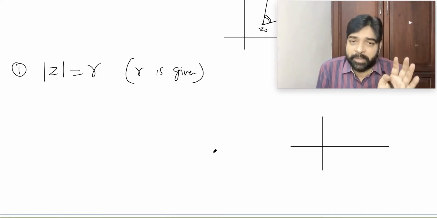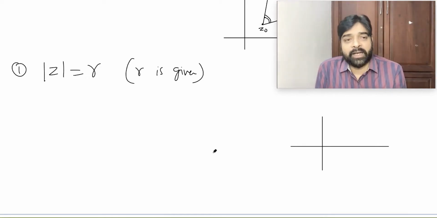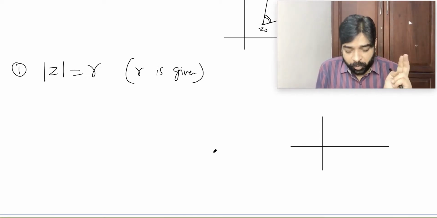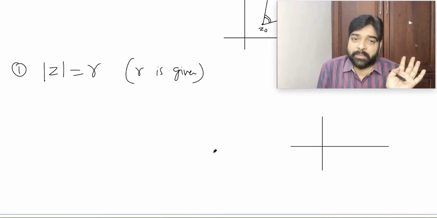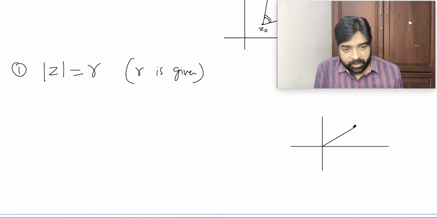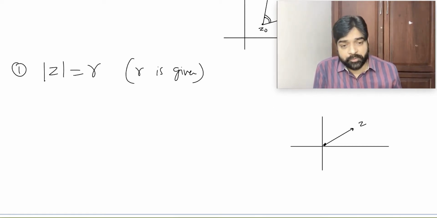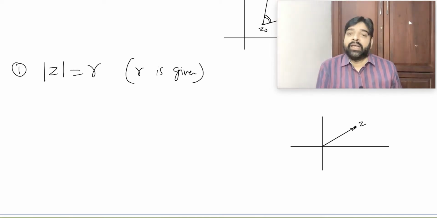For any complex number to be fixed, two pieces of information should be there: one is the argument, another is the modulus. If both are there, then only the complex number will be fixed. Now think carefully. Take one position, A. Just one position, watch it carefully. This is z. Now this z has to move in such a way that its length should be this much only, always.